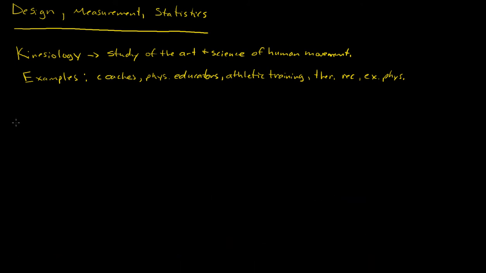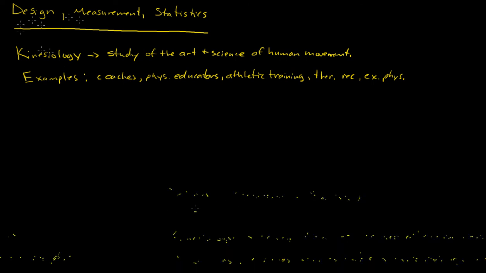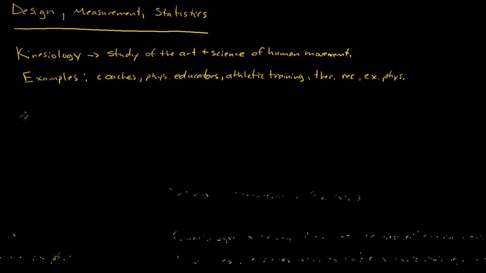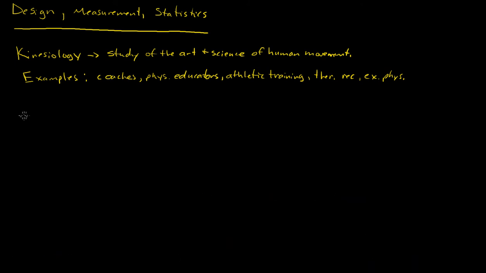Now, going back, I've done these in an order where I mentioned design first, then measurement, and then statistics. The way my mind thinks about this is, from a research perspective, you need to have a solid design first. It's outside of the scope of this particular video, but you can have three major types of designs: experimental designs, quasi-experimental designs, and non-experimental designs.